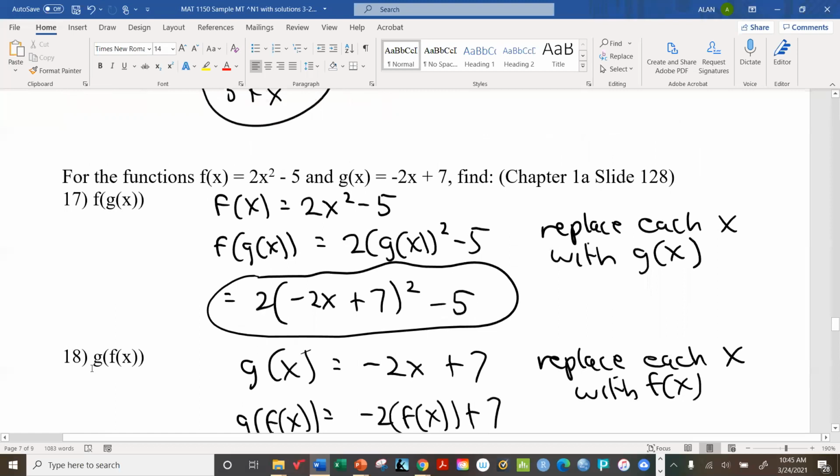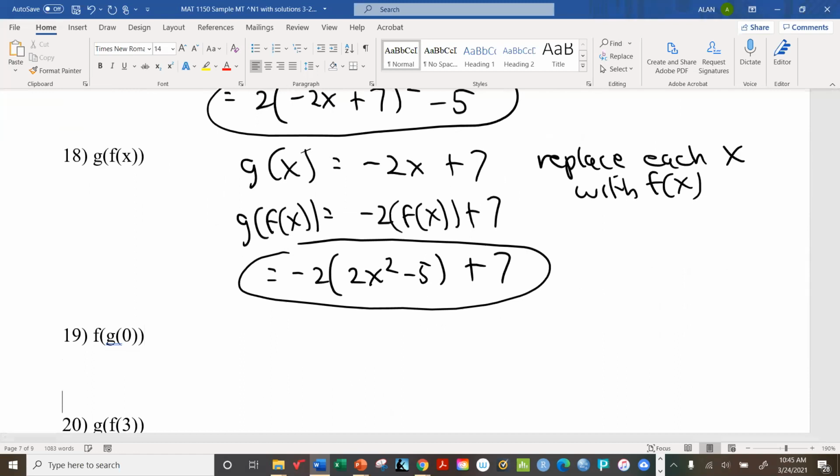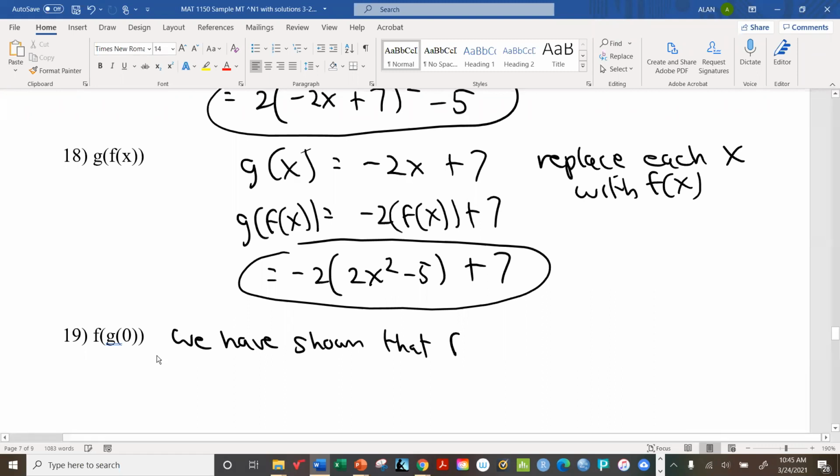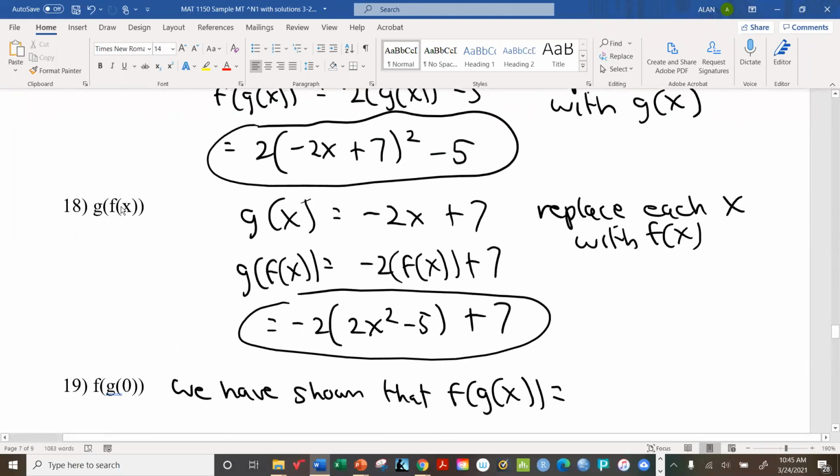All right, now the next one is f of g of 0. See, now this is a nice one because we already know from earlier, and if we had, you could start this from scratch, that f of g of x equals 2 times negative 2x plus 7, squared, minus 5.